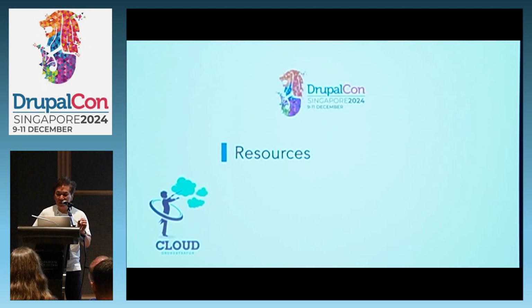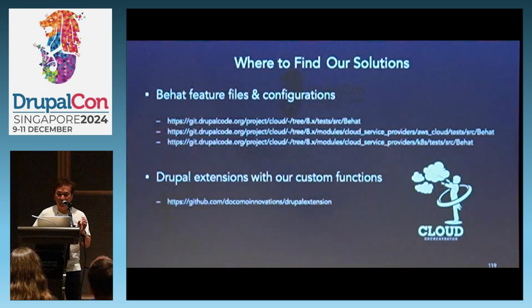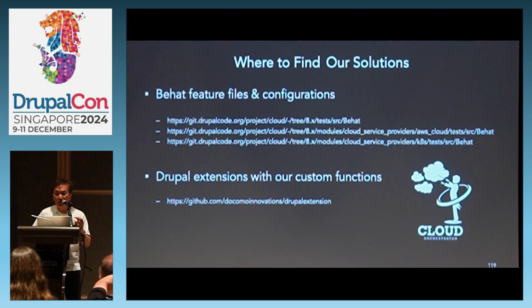So in the last part of my presentation, I'll tell you where to find our solutions. Basically, our scripts to automate Behat are included in our Cloud module on Drupal.org. And our custom Drupal extension is open in our GitHub repository.